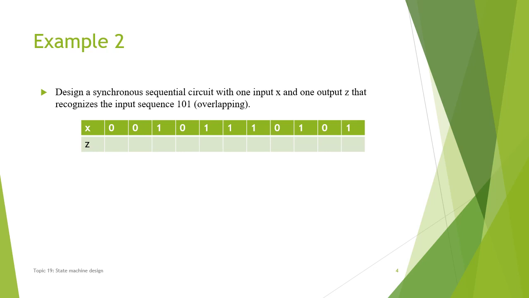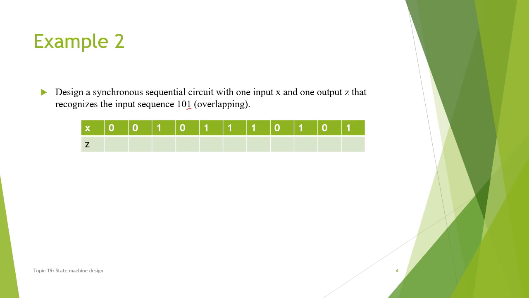So again, let's design another synchronous sequential circuit with one input x and one output z, but this time we need to recognize a different sequence, which is 1 0 1, and it allows overlapping. Overlapping means we can use the result of the first detection as part of the result for the next detection.